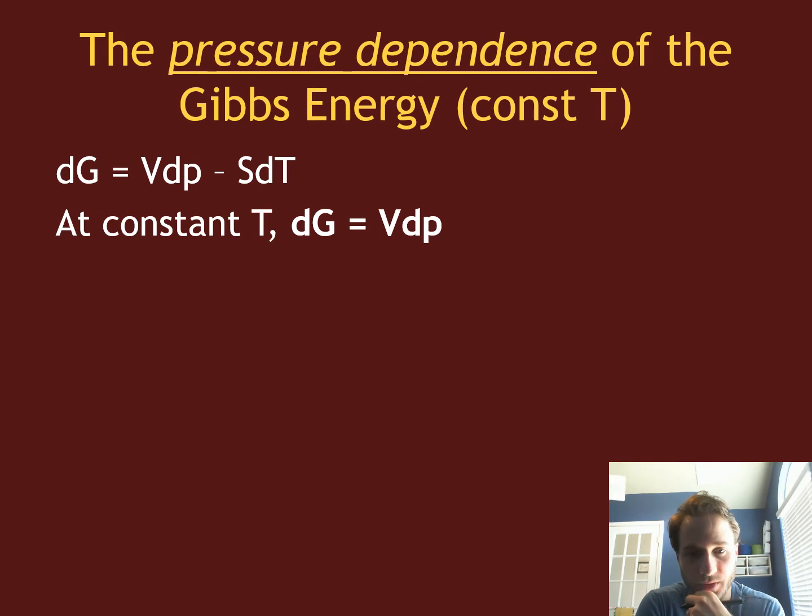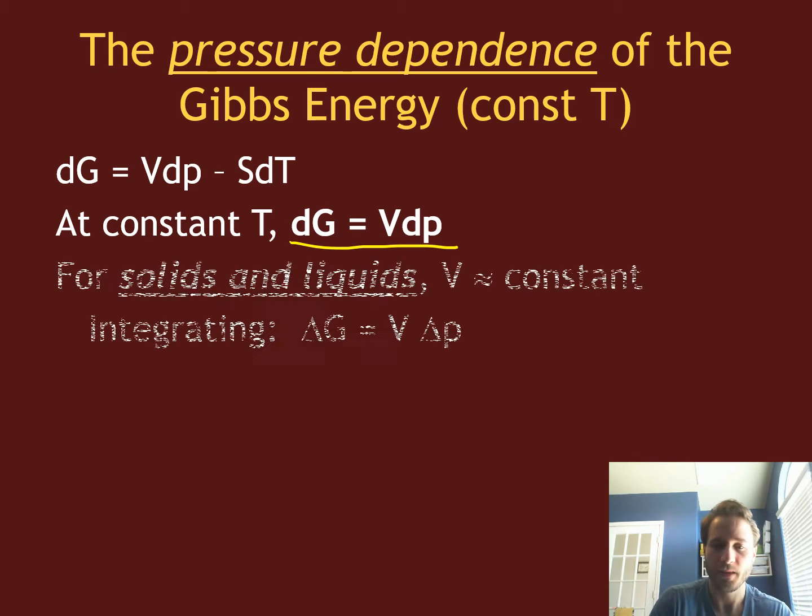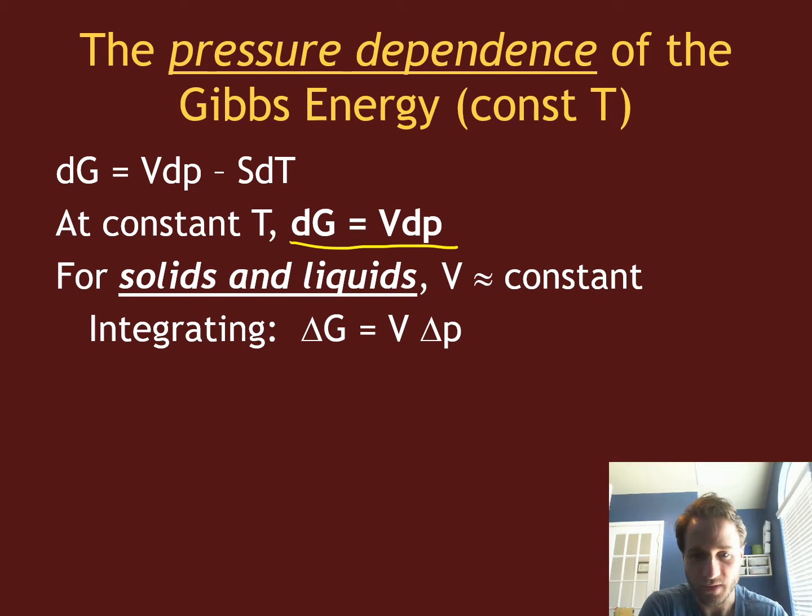Now, if we think of how Gibbs free energy changes at constant temperature, dG equals V dP. If we think of solids and liquids, the volume is effectively constant with pressure.